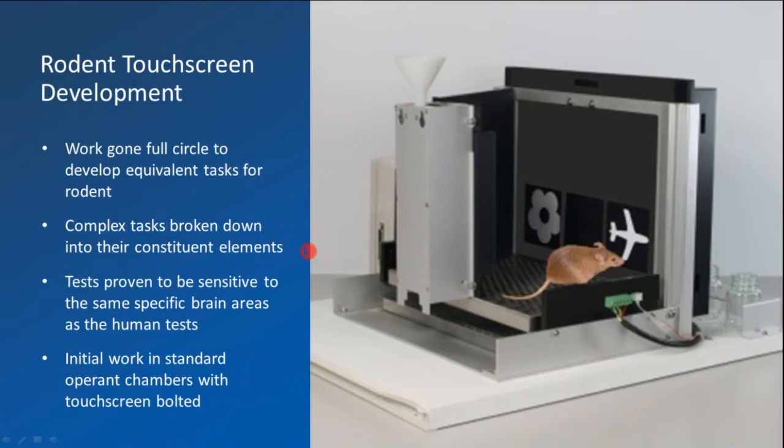Again, complex tasks have been broken down into their constituent elements, and the tests have proven to be sensitive to the same brain areas as the human equivalents. Initial work was done by simply bolting a touchscreen onto the end of standard operant chambers, but since then the chamber has been further refined to optimize it for rodent performance.